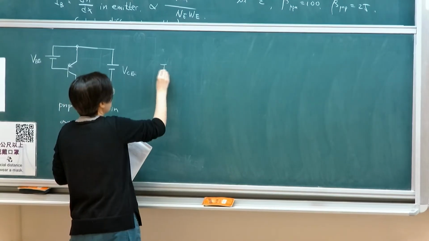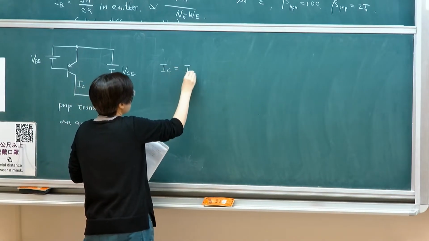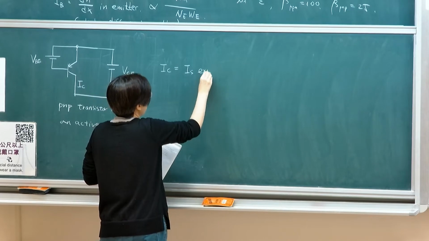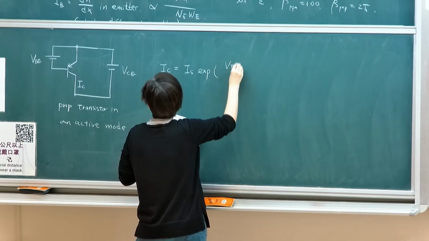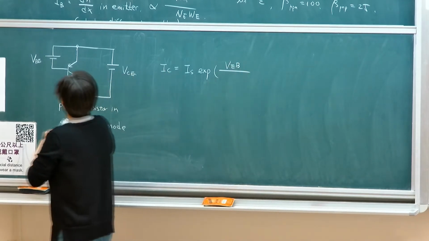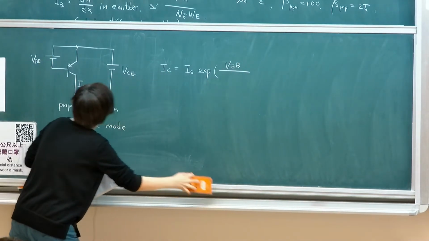If you want to write down the large signal equation, there's simply some little correction on the voltages. If you want to make your voltage positive, it will be EB as positive. I should say this is VEB.